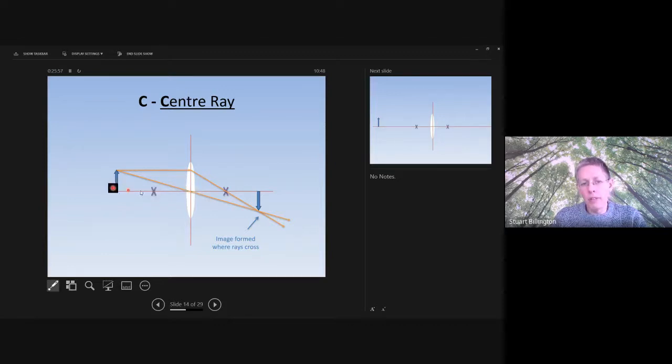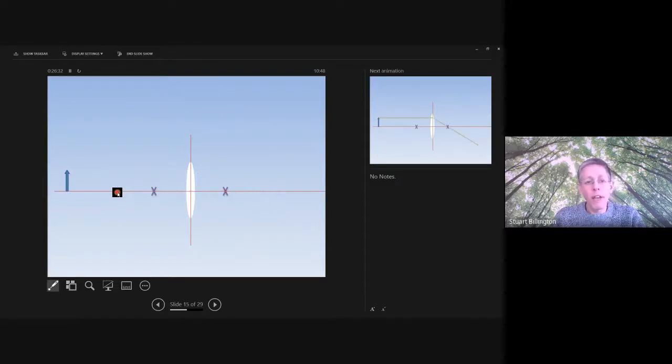And that results by the geometry of it in the triangle here being the same as the triangle here. Those two similar triangles have the same angle here, the same base here, and therefore the height of the triangle will be the same. So you can see by the geometry of it that these triangles are going to be the same size as each other. And that's why the image is the same size when you are at twice the focal distance away.